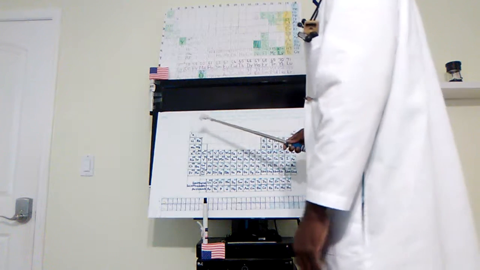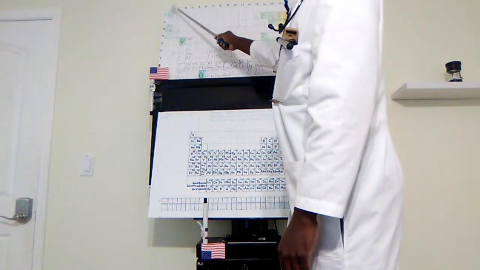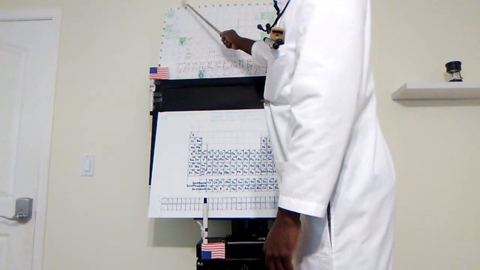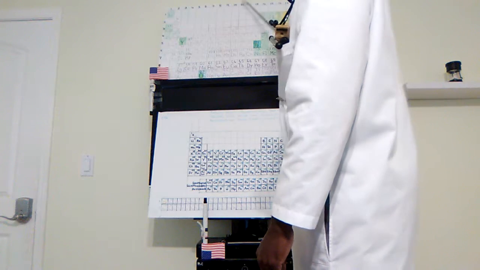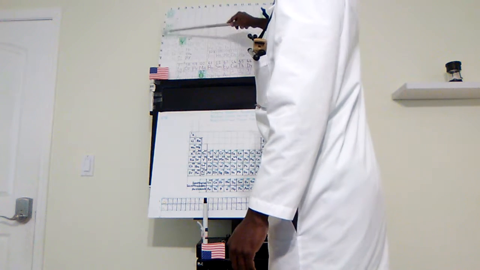So here we are with our original periodic table, and we're focusing now on the groups. Notice on this one we have groups 1, 2, 3, 4, 5, 6 to 18, and I hope you could see these numbers up top representing the groups, and these coming down here, the periods 1, 2, 3, 4, 5, 6, 7.